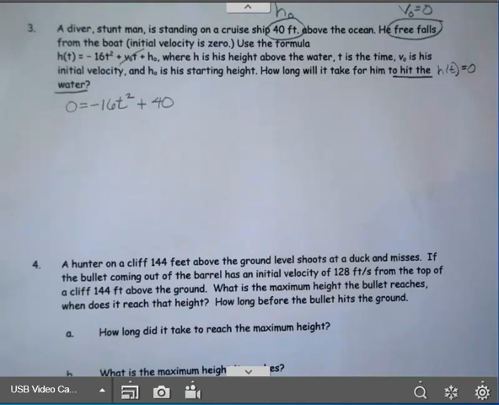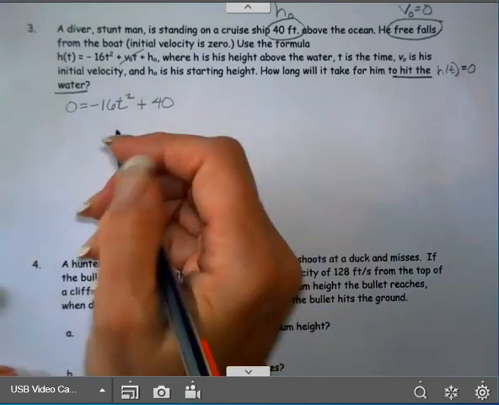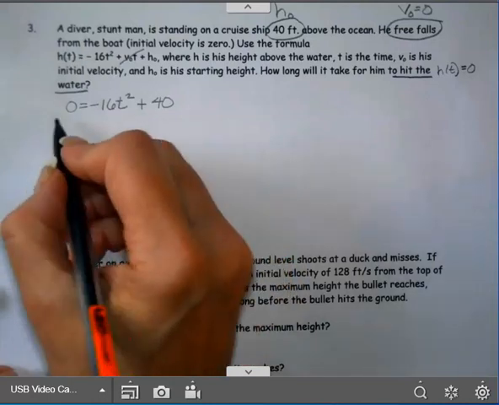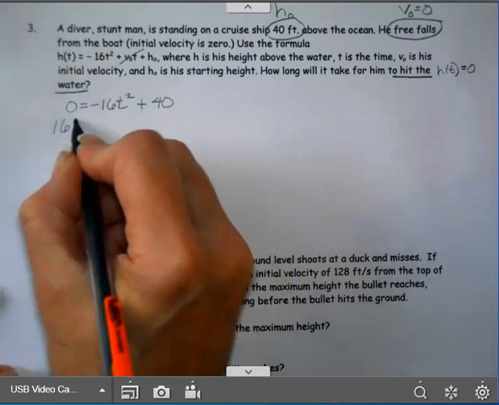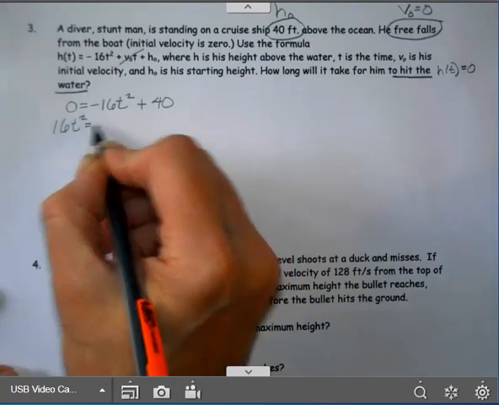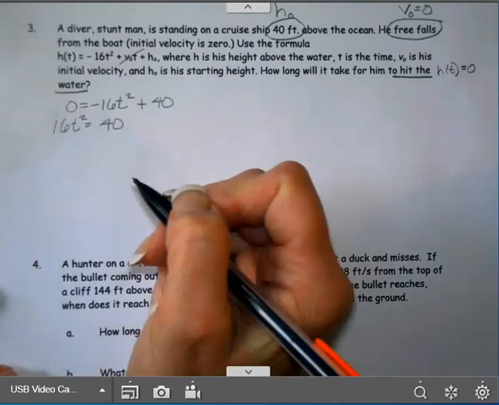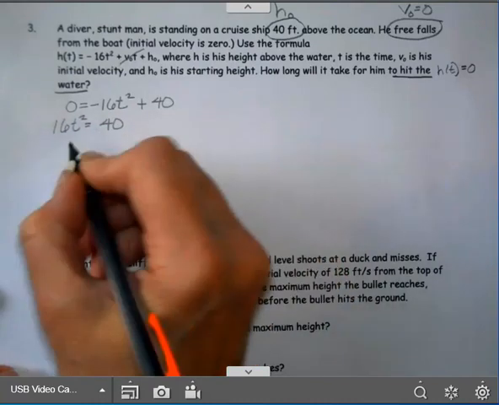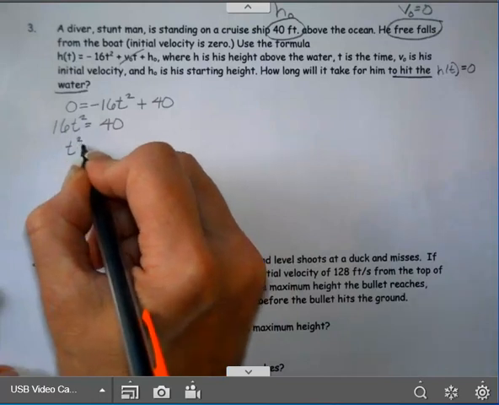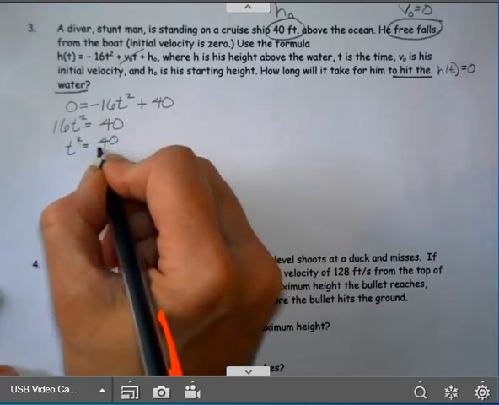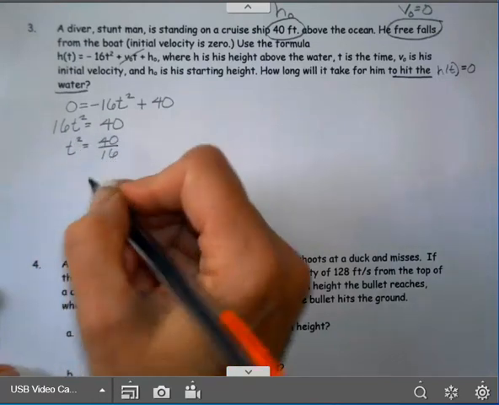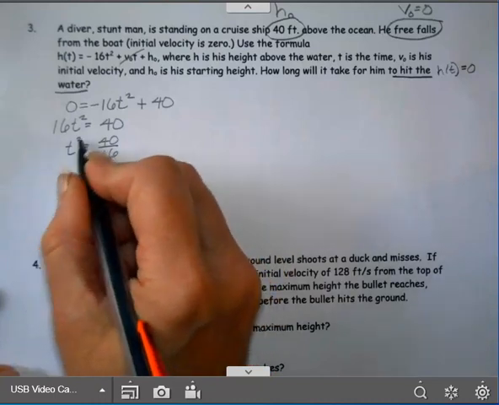I don't have a graph. Square root property, I don't have the middle t term this time. So square root property is a great choice for this. I'm going to add 16t squared to both sides. And then divide by 16. And then take the square root to undo a square.